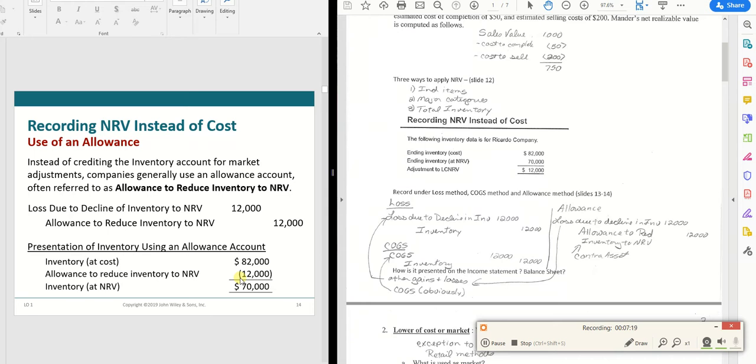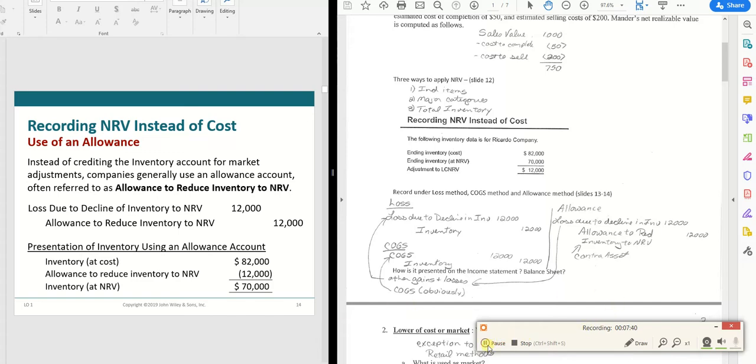So if you were doing it, you would probably choose the allowance method, because then I can leave my inventory on the books with all the subsidiary accounts that add up to 82,000, and I can credit an allowance account to account for the adjustment. Notice that's a contra asset.